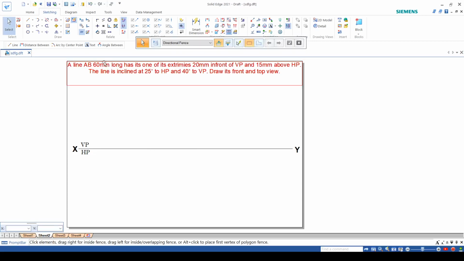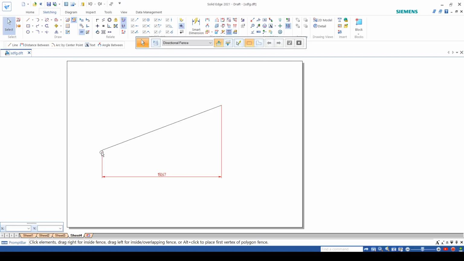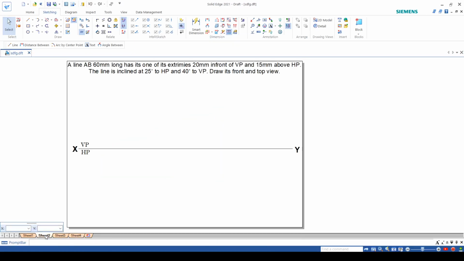A line AB 60 mm long has one of its extremes. Extremes are also what we call the end points, the projectors.